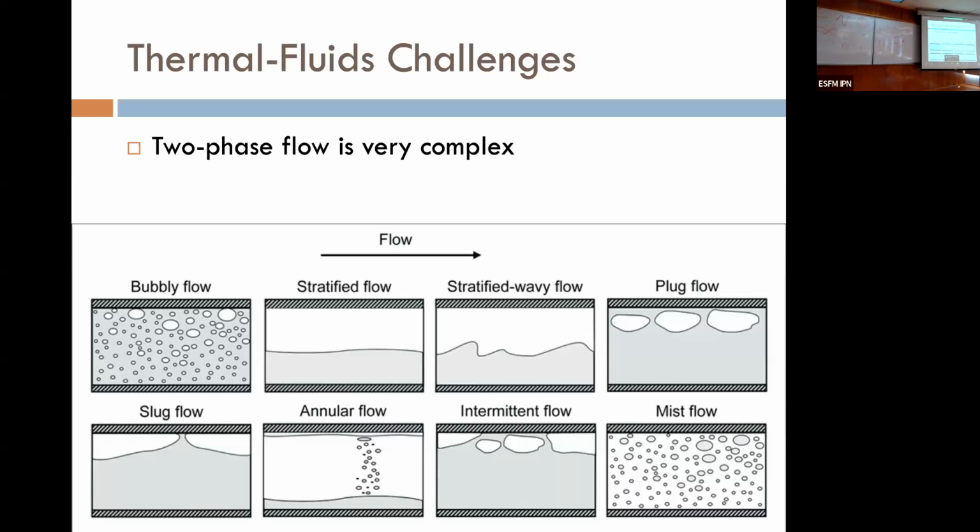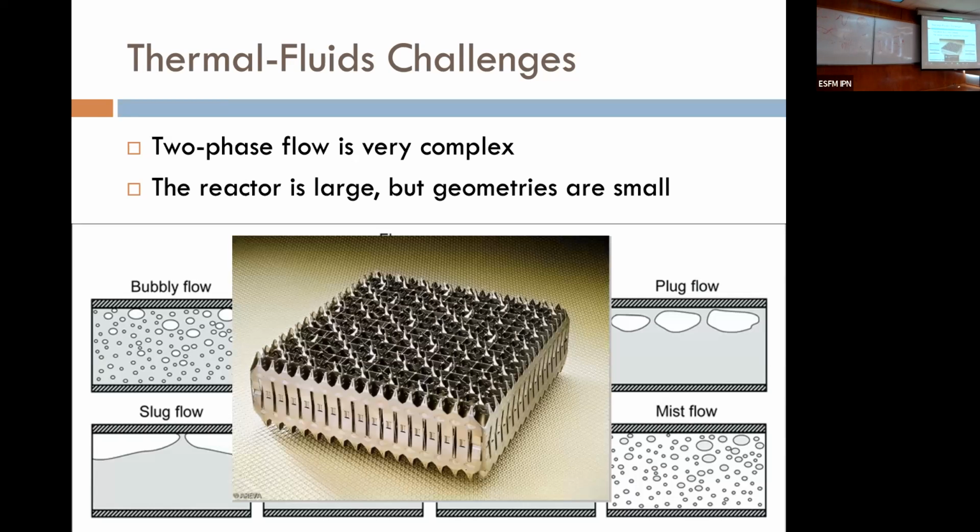Adding to that, we also have very complex and very tiny geometric structures. All of these little fins that are designed to induce turbulence are very thin metal structures.